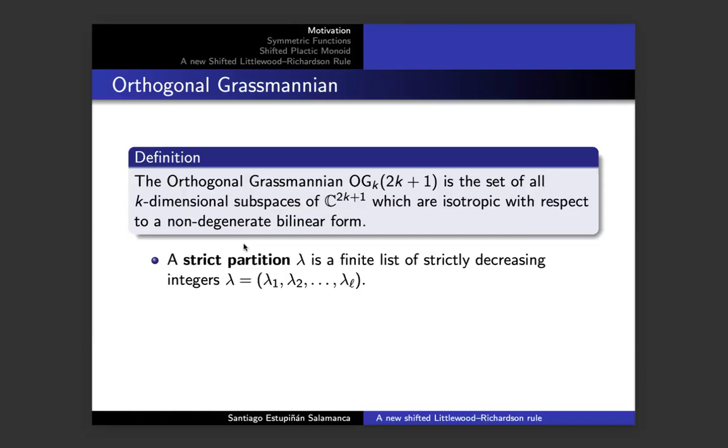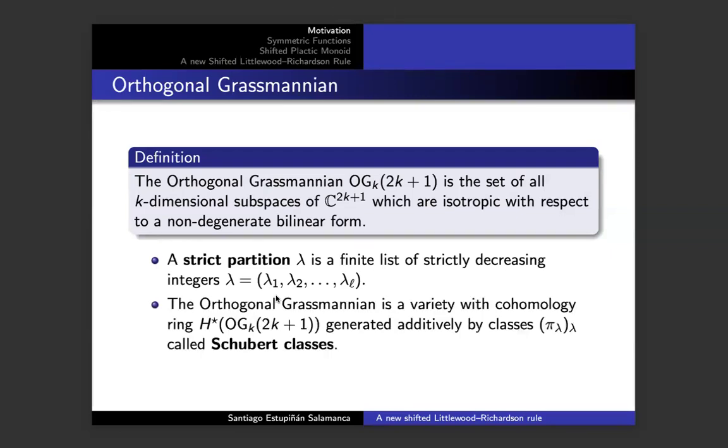Similarly, the orthogonal Grassmannian is once again the set of all k-dimensional subspaces, only that this time I require these subspaces to be orthogonal to themselves. And instead of a partition, I have a strict partition. This is again a finite list of positive integers, but they must be different. So this list is strictly decreasing.